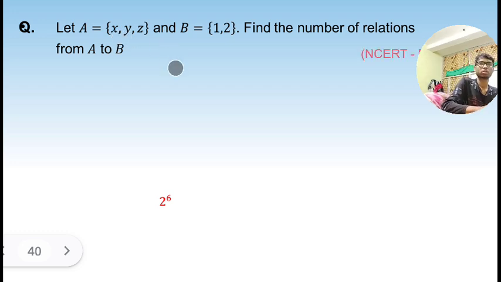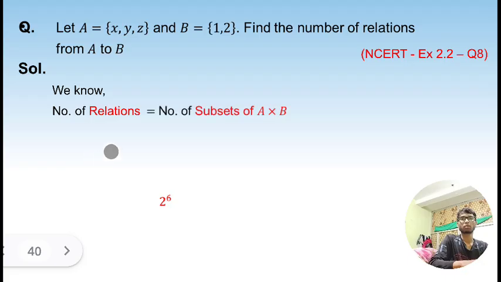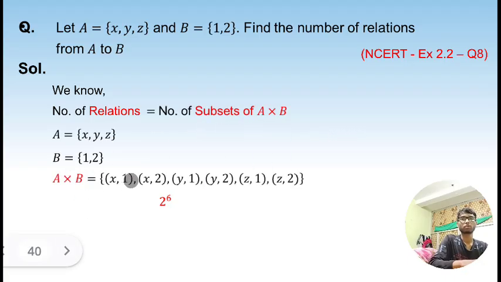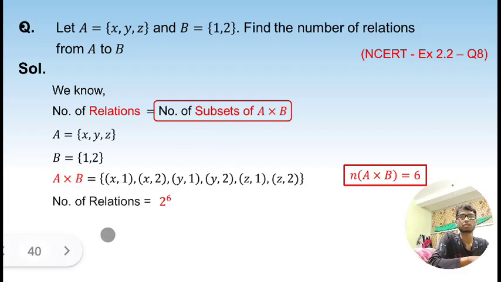With the help of what we know, the number of relations is equal to the number of subsets of the Cartesian product. Here this is 3 and this is 2, so the number of elements in the Cartesian product is 6. So the number of relations is how much?